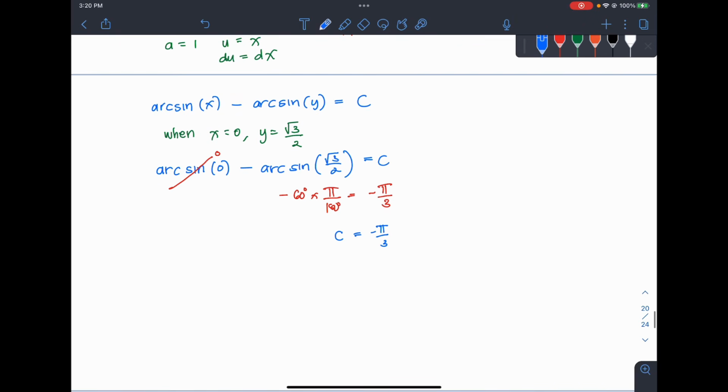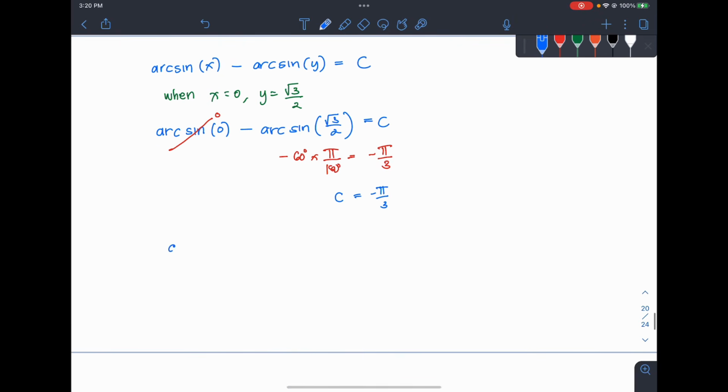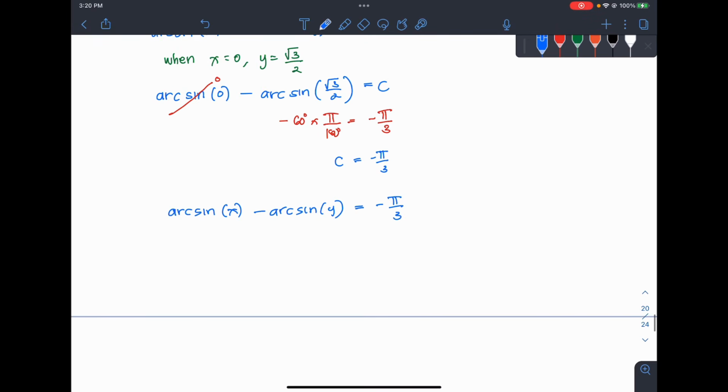So we substitute it into the original equation: arc sine of x minus arc sine of y is equal to negative pi all over 3. We transpose it to the left hand side, so that would make it plus pi all over 3 is equal to 0.